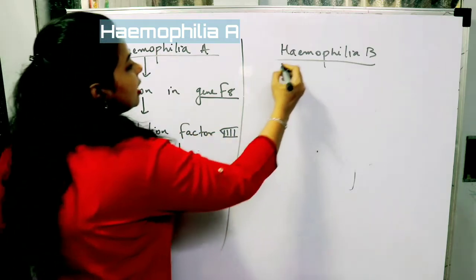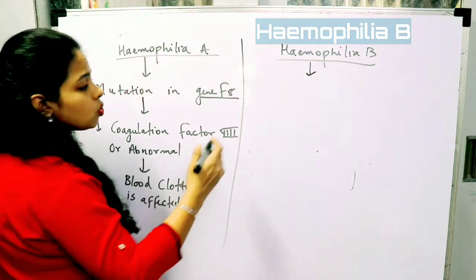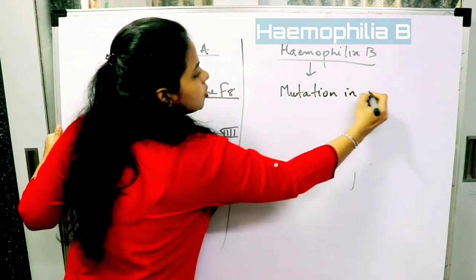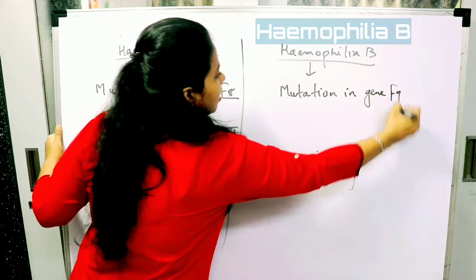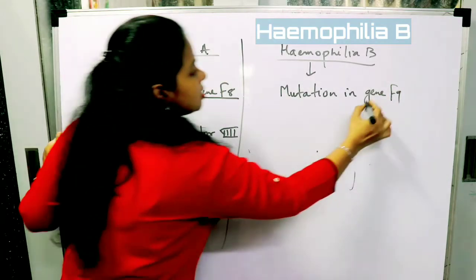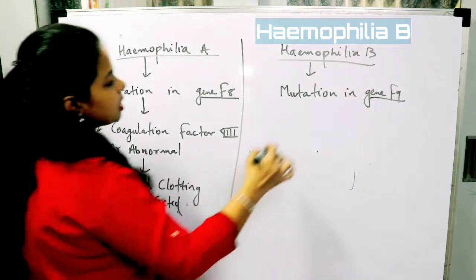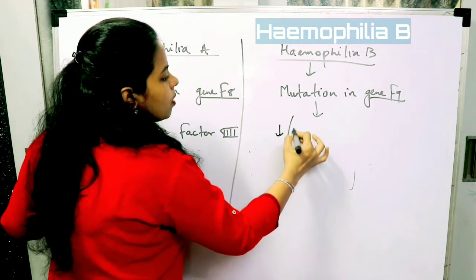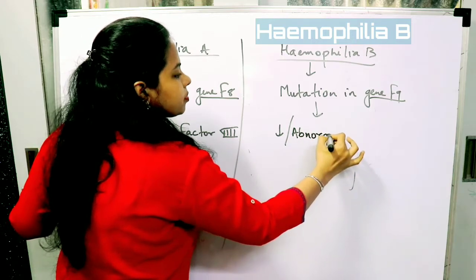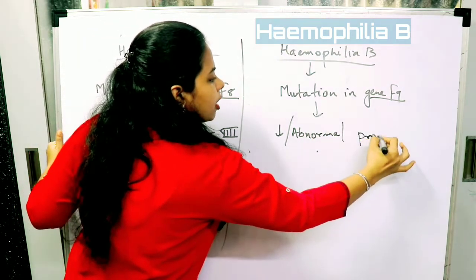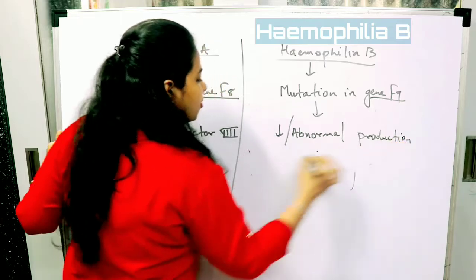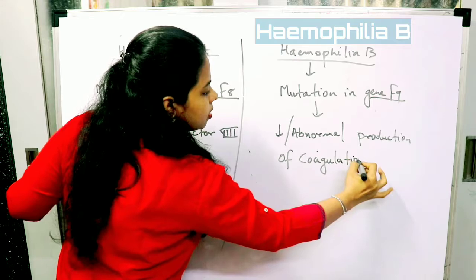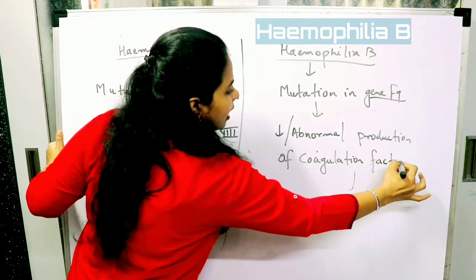Now let's see hemophilia B. What is the cause of hemophilia B? It is caused due to a mutation in gene F9. The F9 gene is mutated. Now what happens because of this? There is less production or abnormal production of coagulation factor 9.